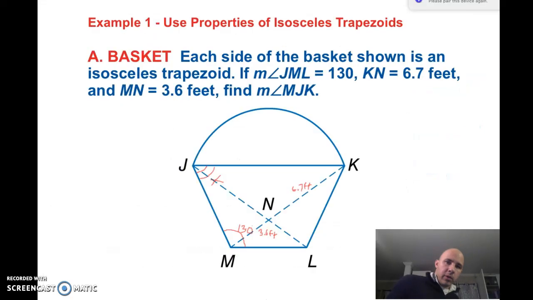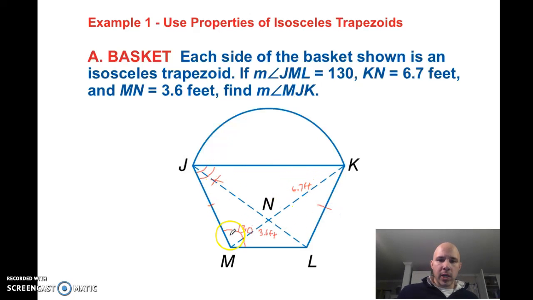Welcome back, this is Mr. Cornier. This is example 1, benchmark 28. We want to solve for the measure of angle MJK. The first thing I do is label all the information on my diagram. This is a basket, and each side of the basket is shown by this isosceles trapezoid, so we know that this equals this.